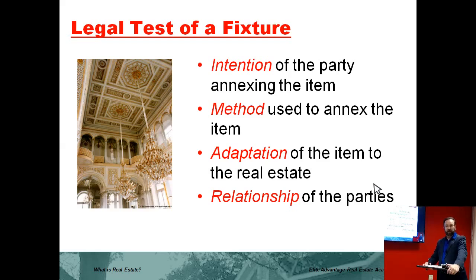Was it a gift, a marital gift? Somebody gave them this beautiful lamp to enjoy. And what does it do for the property? You walk in the house, are you fixed on that lamp? Is that the reason why you bought the property or made an offer on the property? So the first one is intention.